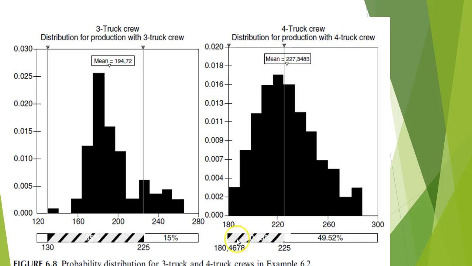Let's go and look at 225 right in this area, and you'll see that you're going to have right around in this area about 15%.